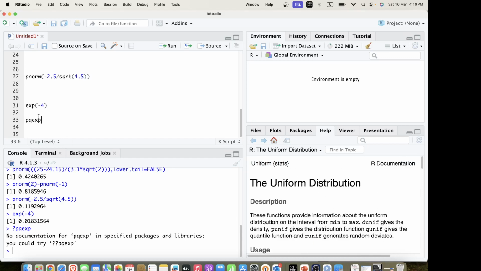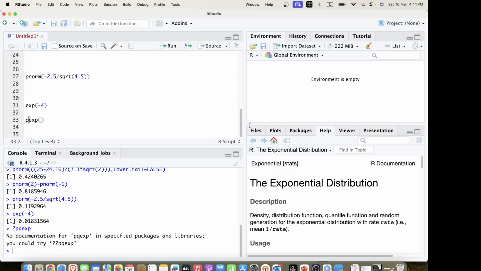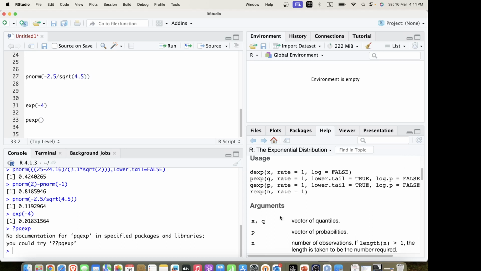I don't know why it's not coming. F1, it's not working. Yeah, here. Oh, I wrote it wrong, sorry, my bad. Yes, so if you do an F1, here the documentation will come.